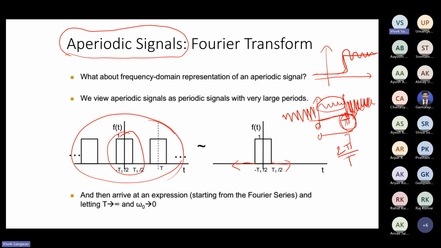So what we are essentially doing, to go from Fourier series to Fourier transform, we are making T tending to infinity. T tending to infinity means omega tends to 0. Remember, omega 0 was 2 pi by T. So this is basically a limiting operation. So let's go ahead and do that.